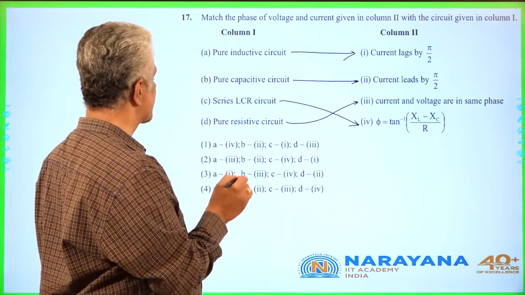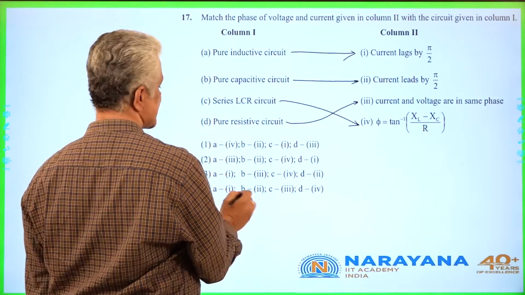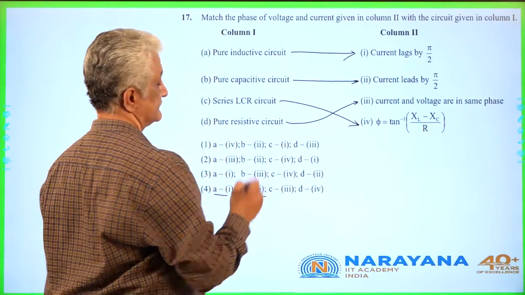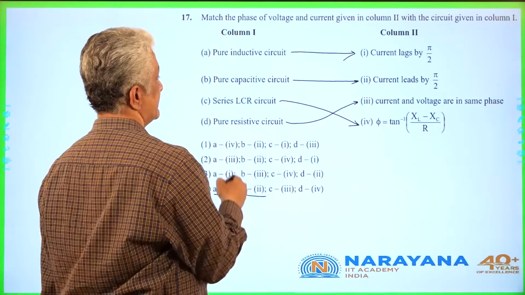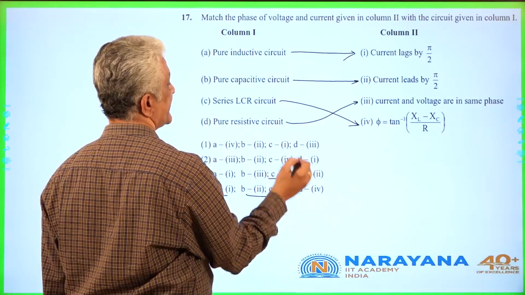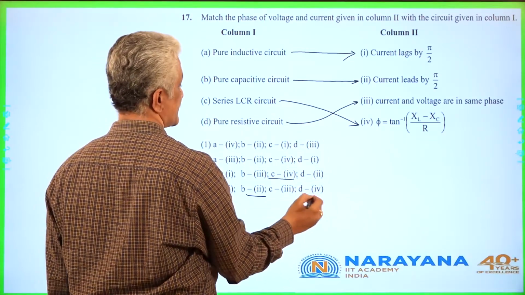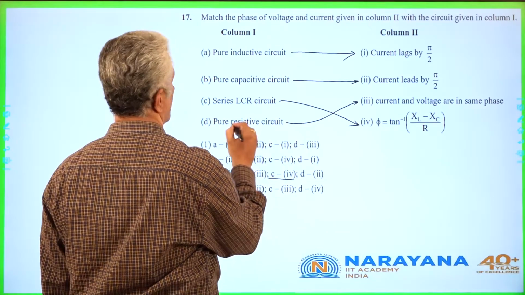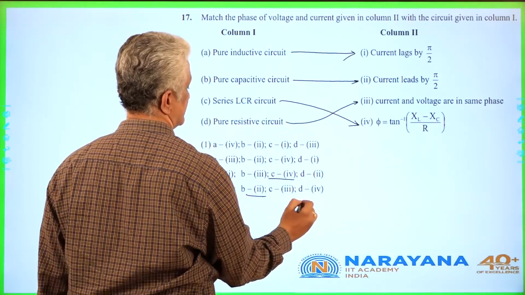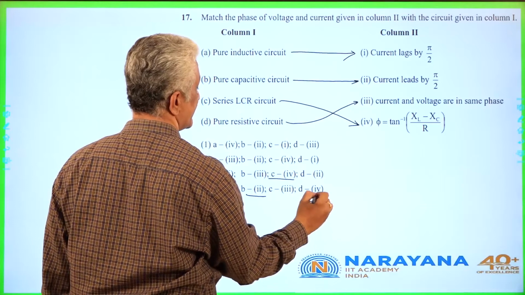That is, A matches with 1 and B matches with 2. These two are correct. But when C comes here, this 4 should come. D comes here, that is, it should come again. D goes to 3 here. So the answer is somewhat not matching here.